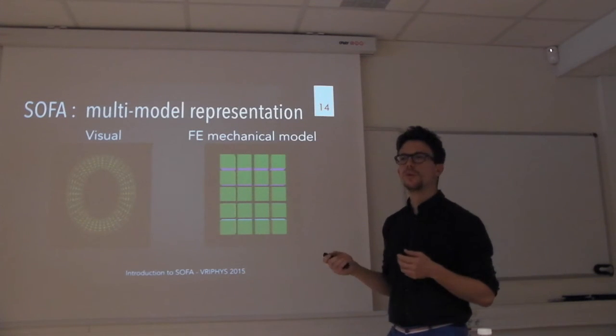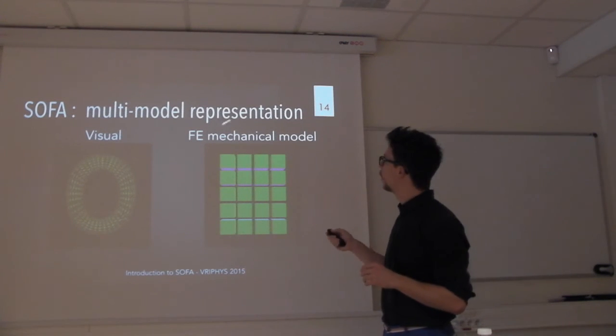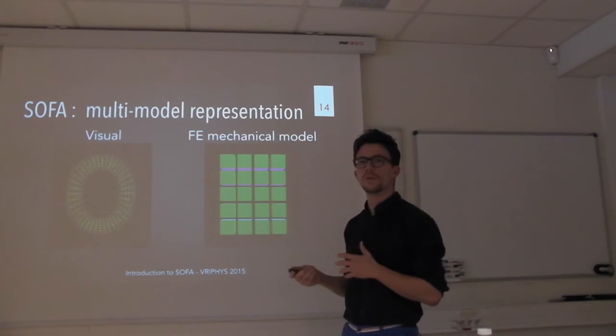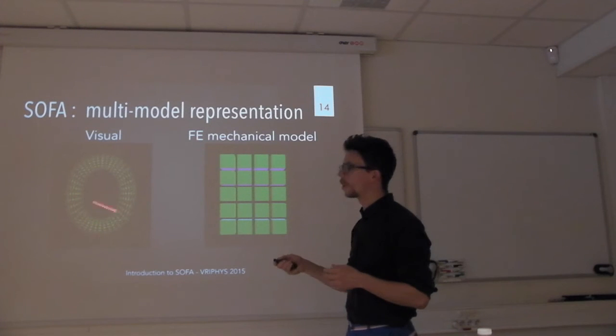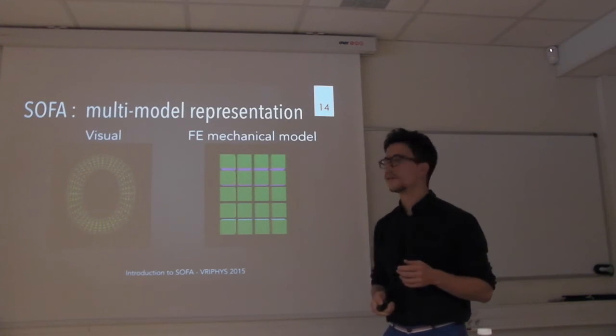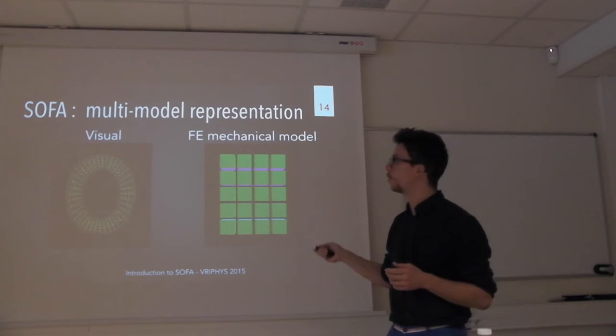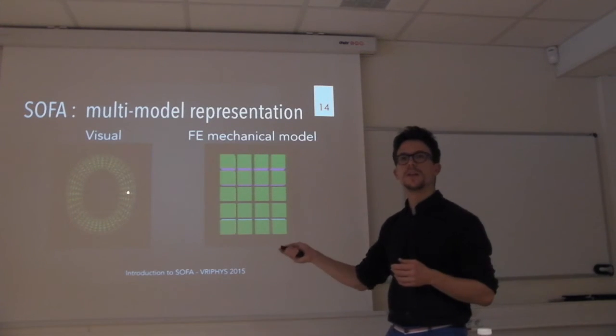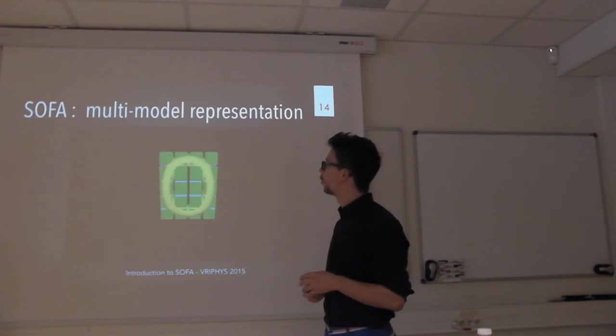But we want to do that, for any kind of reason, using a hexahedral FEM representation. So how is that going to be coupled? Again, using mappings, you will be able to map the points of your visual model on the mechanical model that you are really simulating. So all the computation is going to occur on that model and will then be applied on the visual representation.